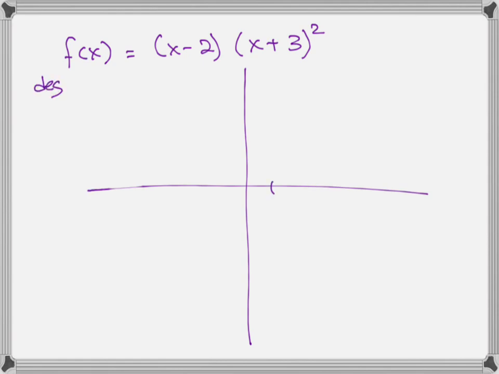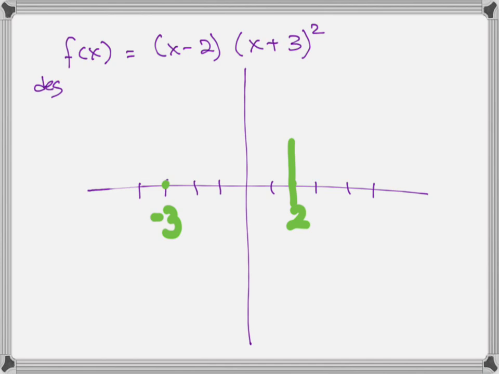The degree is 3. What are my zeros? 2, negative 3. Which one crosses? The 2 crosses.